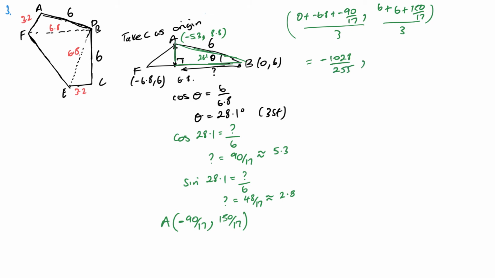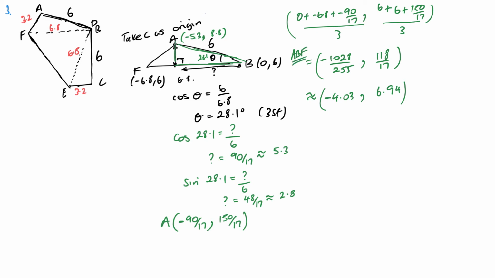I'm going to put the fractions down initially so I can use them, but I will put a decimal. This will be approximately minus 4.03. And the second one is 118 over 17, which as a decimal is roughly 6.94 there. And that's of course A, B, F.